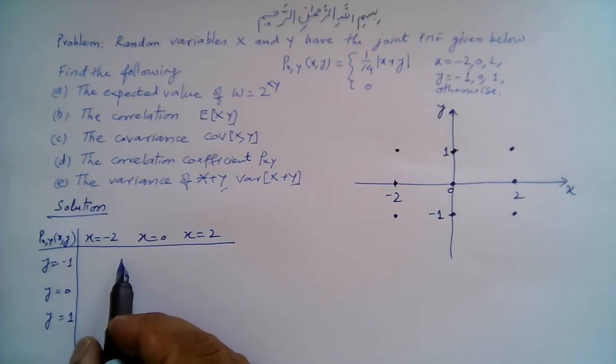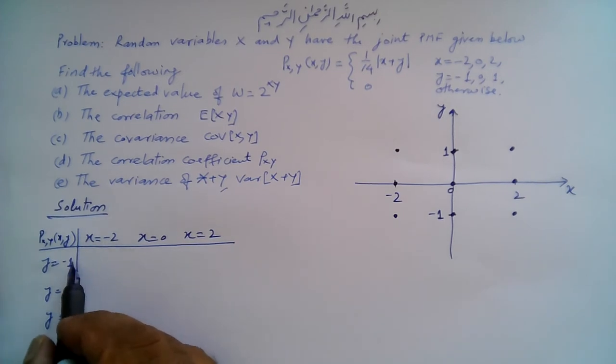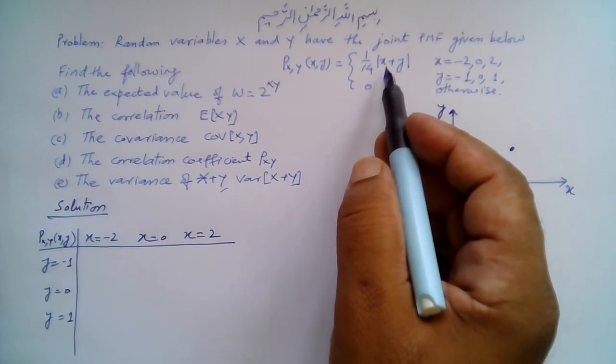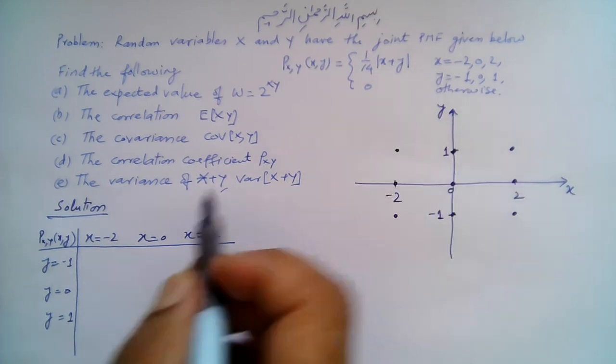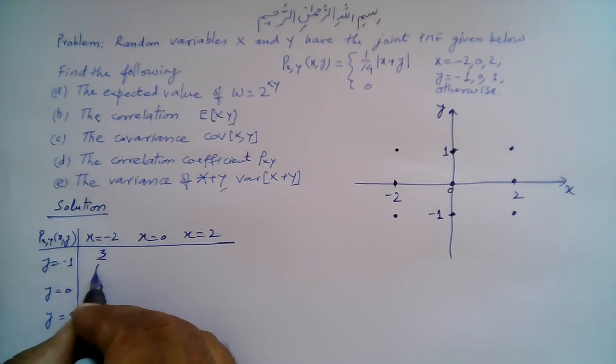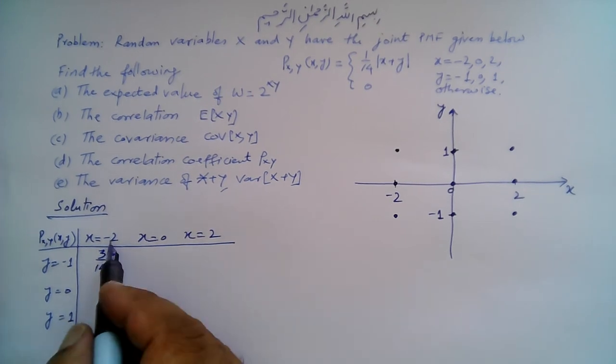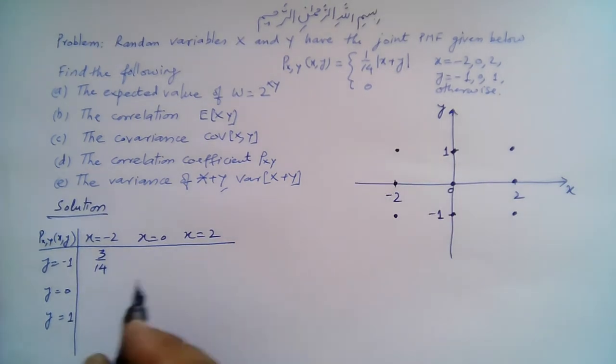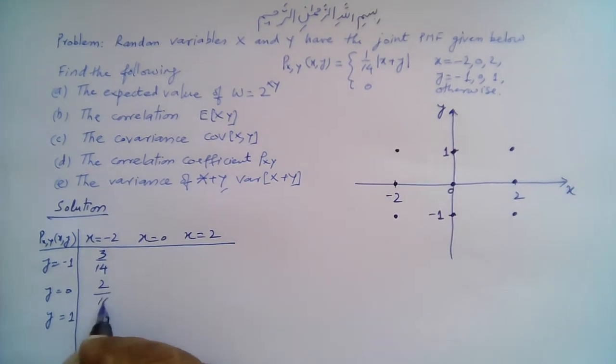For example, at -2 and -1, -2 minus 1 is -3, and the absolute value of -3 is 3, so this will be 3 over 14. Then -2 plus 0 is -2, so that will be 2 over 14.